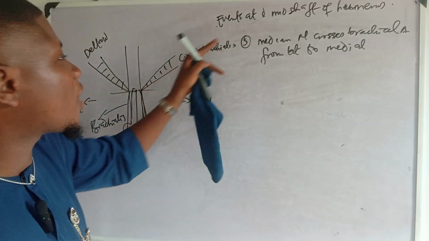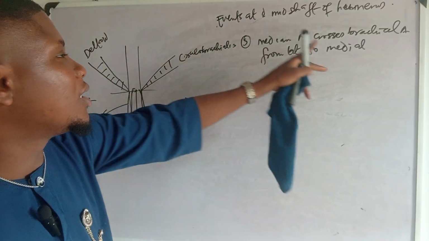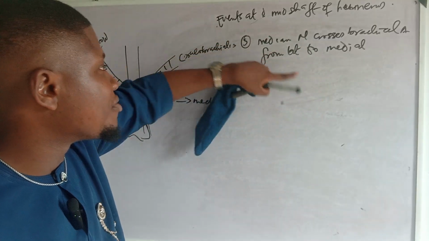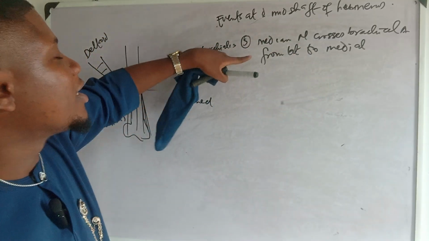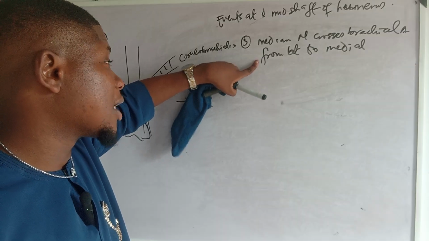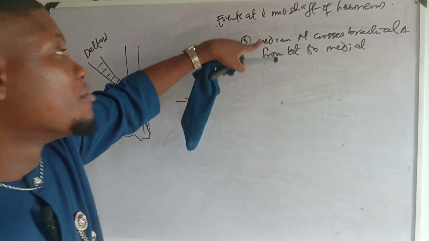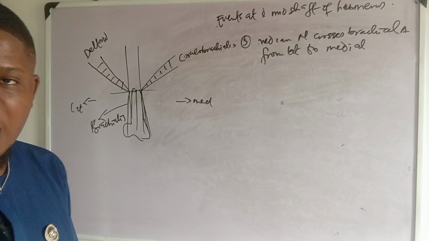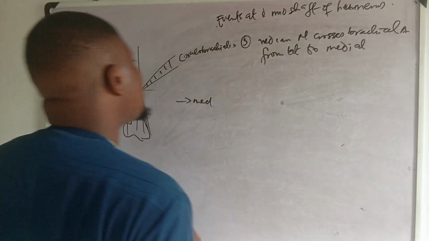At the mid shaft, it now crosses from the lateral aspect to the medial aspect, becoming medial to this artery. If you remember the arrangement of these structures in the cubital fossa from medial to lateral, the most medial is the median nerve, before the brachial artery. So that crossing was at the mid shaft.